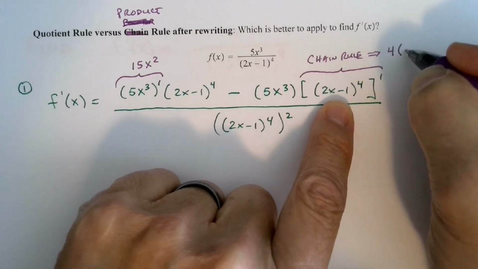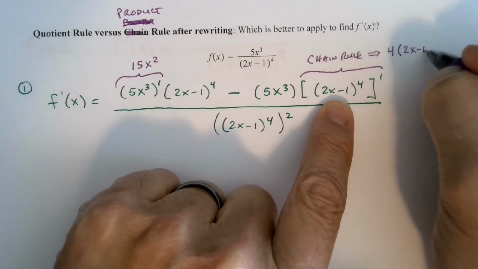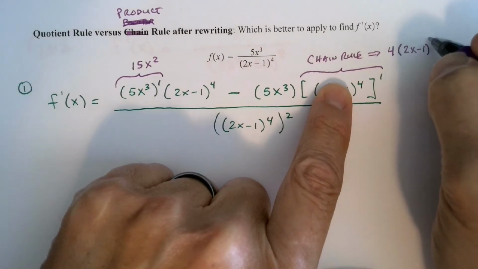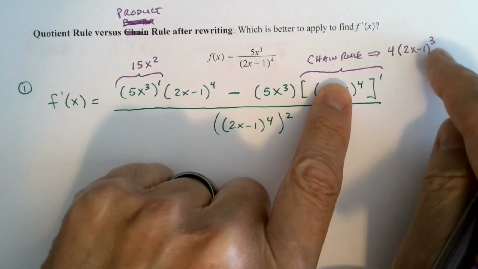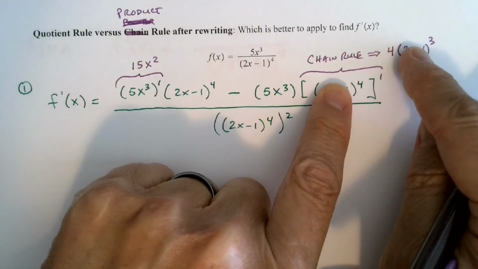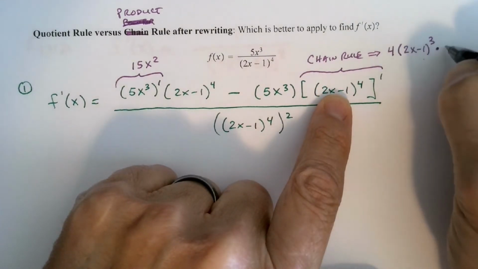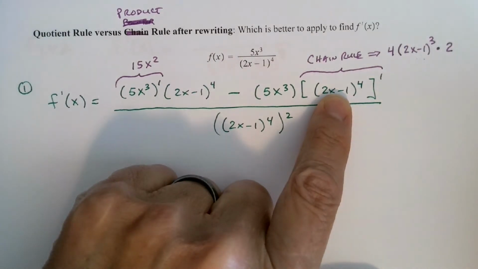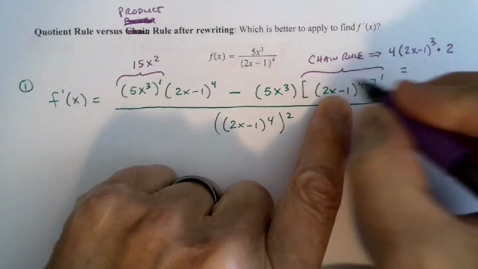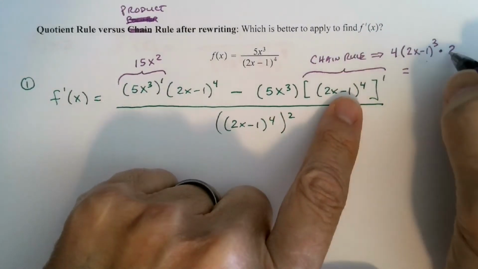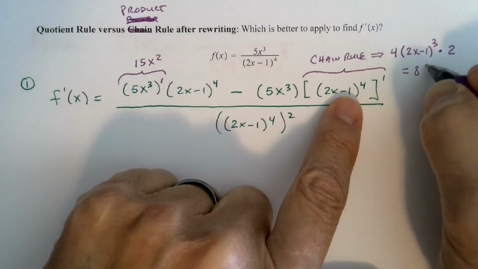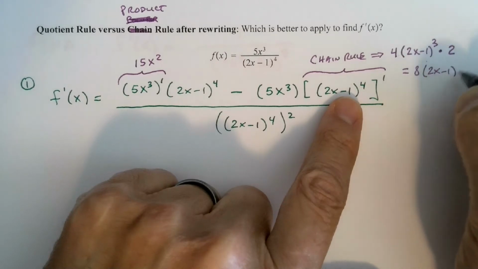And u is what? 2x minus 1. Subtract 1 from 4, 3. There's the derivative of the outer function. Bring the 4 down, u to the 3rd. But then times what? Times the derivative of the inner function, which in this case, 2x minus 1's derivative is 2. So the derivative of all this becomes 2 times 4, 8 times (2x minus 1) cubed.